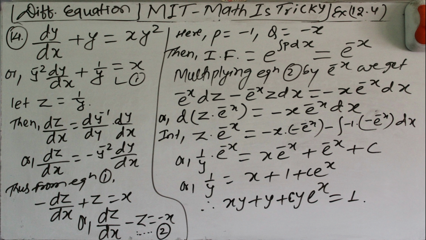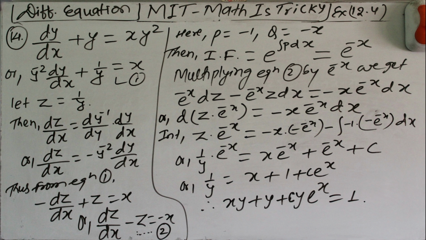The left hand side can be written as the derivative of z into e power minus x. You can check here: derivative of first and second function, derivative of second function into first function. On the right hand side we simply have minus x into e power minus x dx.